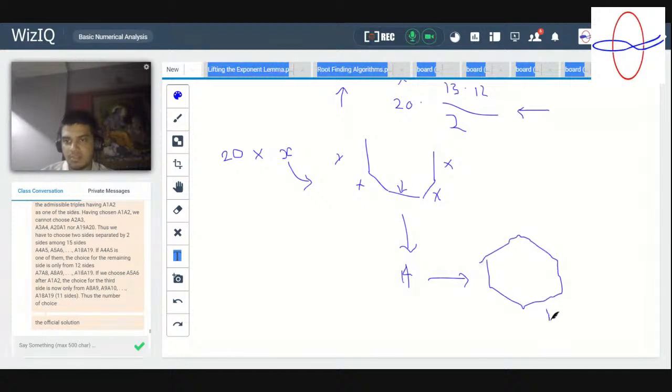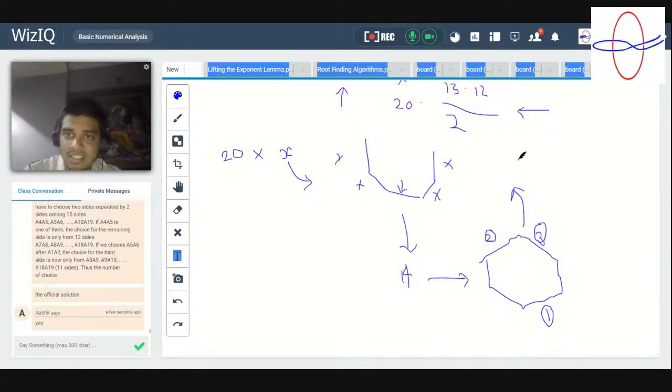Let's say this was, of course, this is a 6-sided polygon, but I'm just taking an example. Let's say this was the first side, second side, and third side. Then we can go back to what this solution maps to by adding 2 sides between 1 and 2, 1 and 3, and 2 and 3. So this goes back to, let's see, you'll add 6 more sides.